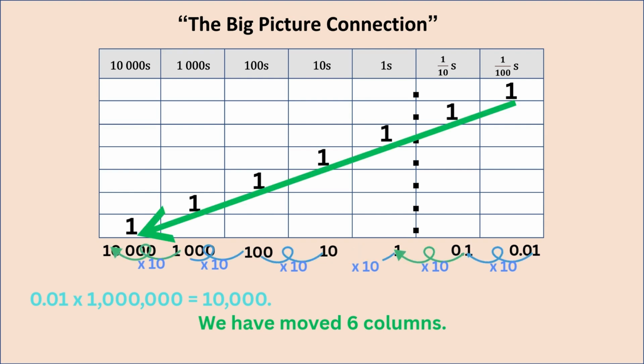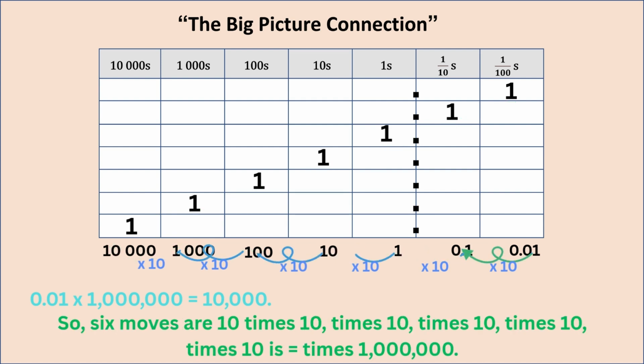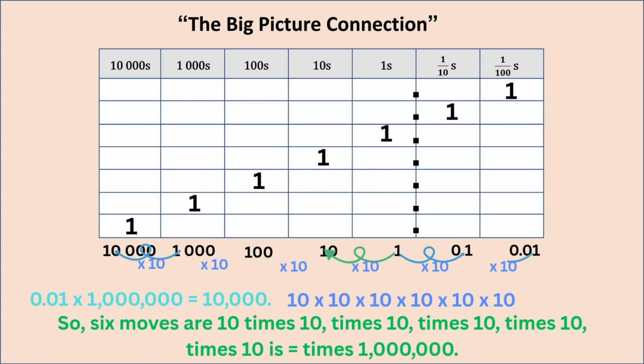We have moved 6 columns. Each move multiplies by 10. So, 6 moves are 10 times 10 times 10 times 10 times 10 times 10, which equals times 1,000,000.